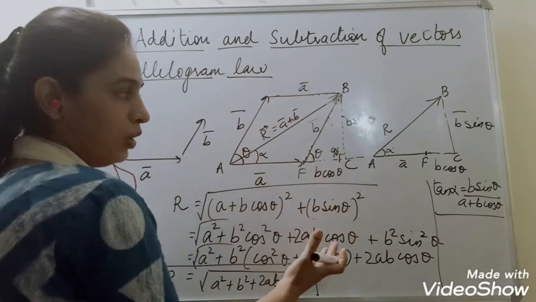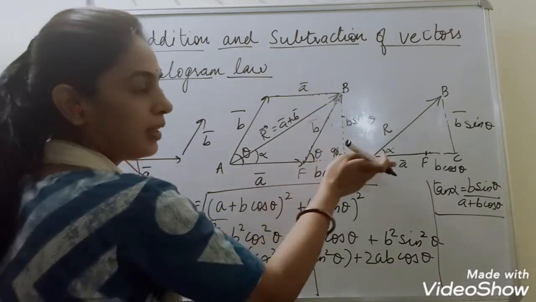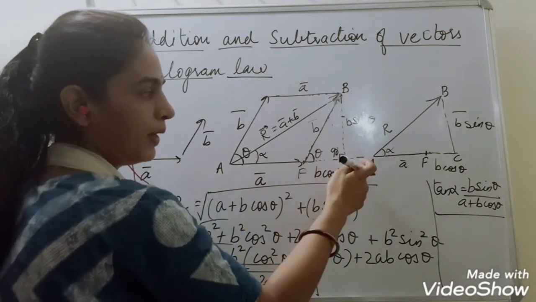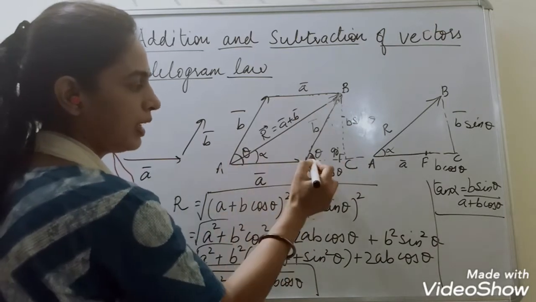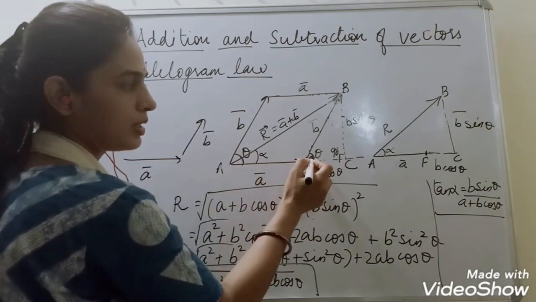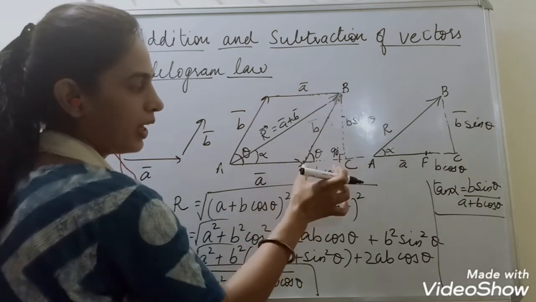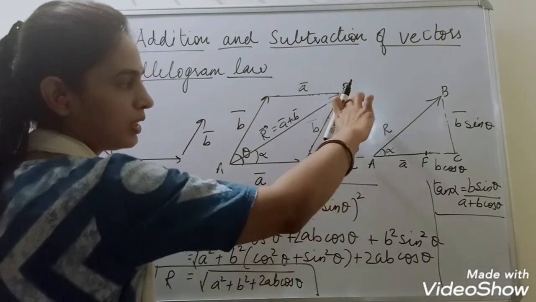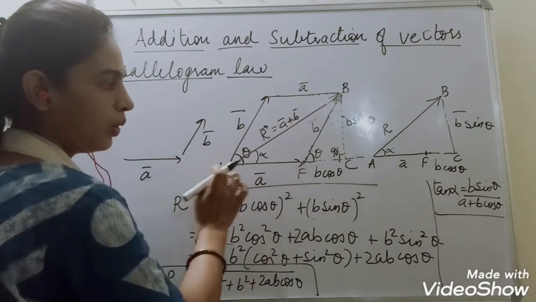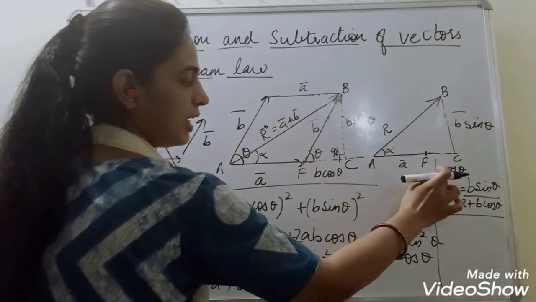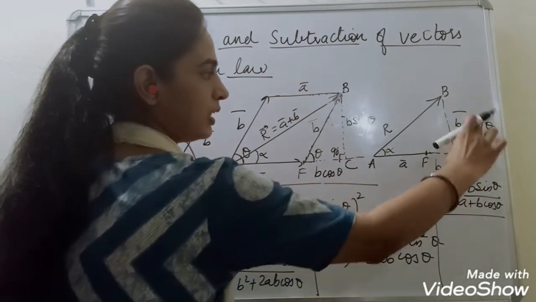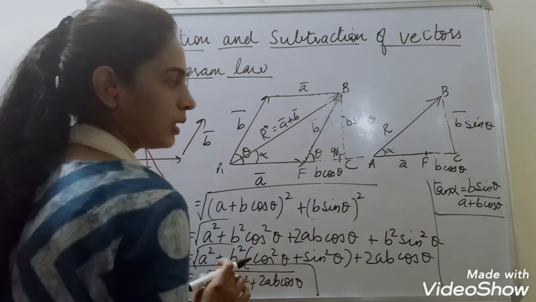To get the value of the resultant, extend vector A and drop a perpendicular. Vector B is equal to vector B, and this angle is theta. So in this small triangle, this becomes B cos theta, B sin theta. Now taking the big triangle, this is the resultant, base is A plus B cos theta, perpendicular is B sin theta.